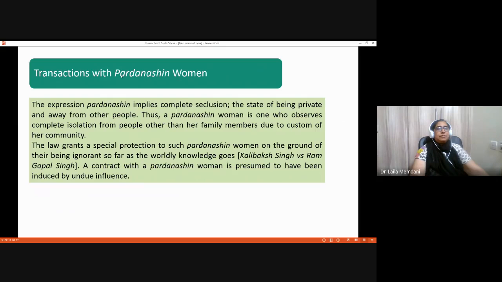These women are Pardanashin women. Who are Pardanashin women? Pardanashin women are those who observe seclusion from men. They observe seclusion from other persons or other men, except their close family members and their managing agent.